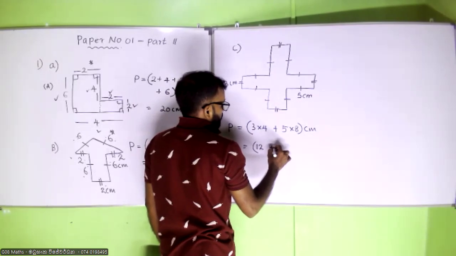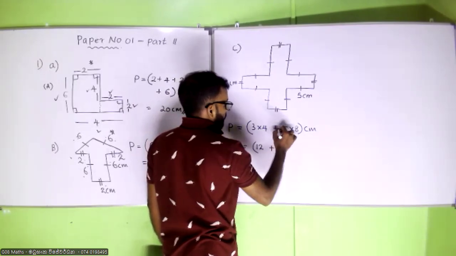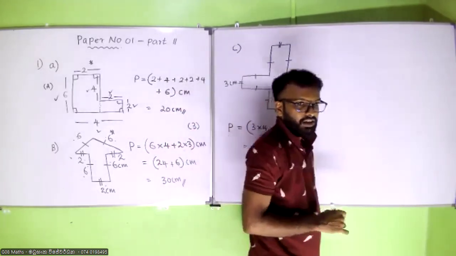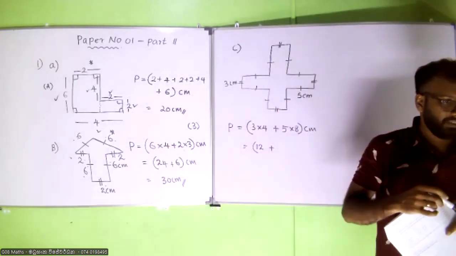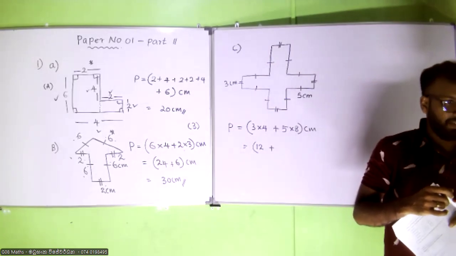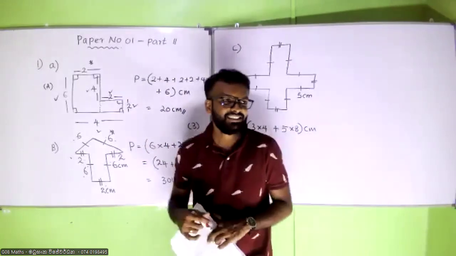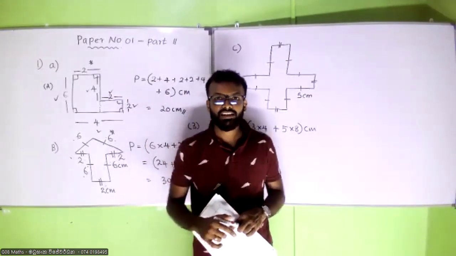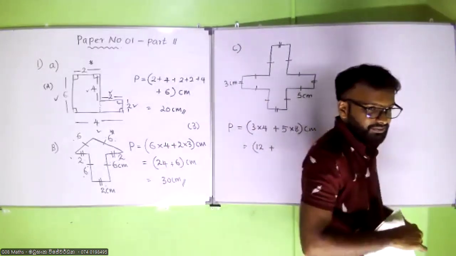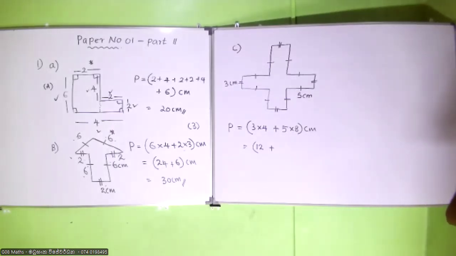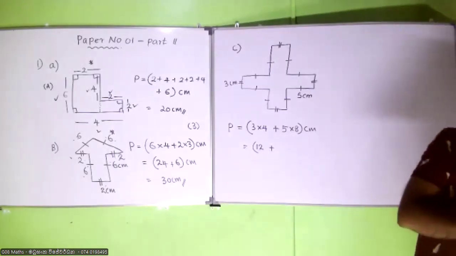Chirag, can you tell me the answer for 5 into 8? Huh? I couldn't hear. Sir, 40. 40.